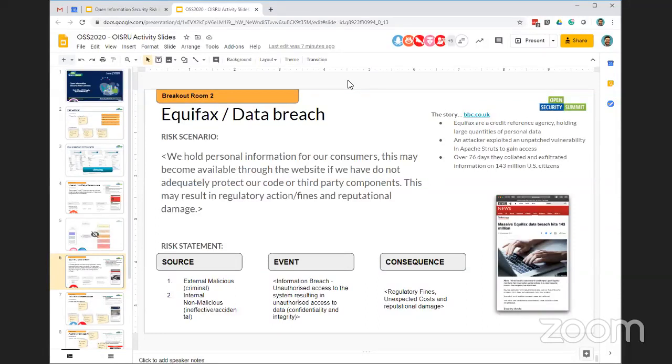I wasn't in breakout 2, but I was in breakout 1. This is Luis. While looking at this, I was wondering whether it would make sense to do these risk statements more like using Gherkin. So you have a precondition. The internal source is a precondition.